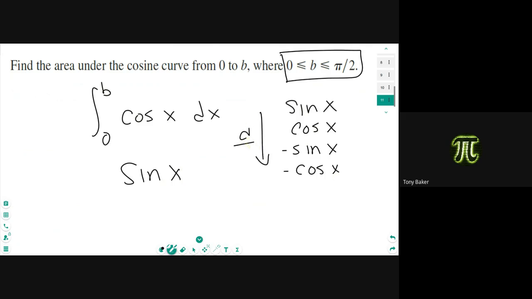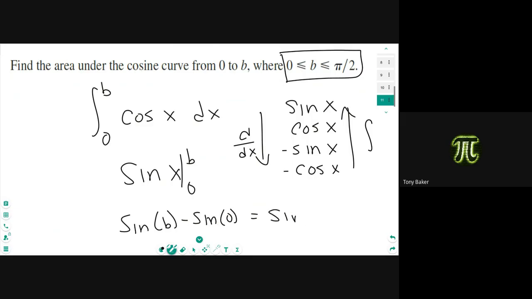That way is the derivative. That way is the integral. So then we're doing this from 0 to b. So it's sine of b minus sine of 0, which ends up being just sine of b.